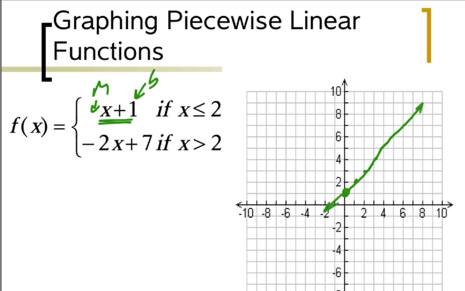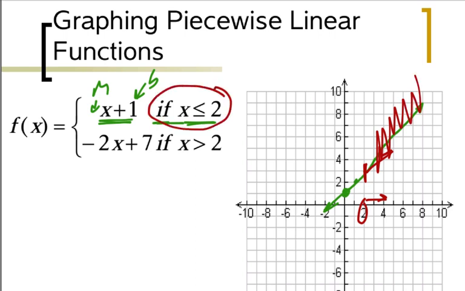But it says if x is less than or equal to 2, which means that all this information from 2 to the right is no good. In other words, I need to get rid of this information because I'm not using it there. It's only when x is smaller than 2. So I should continue my line to the left because that area is good.